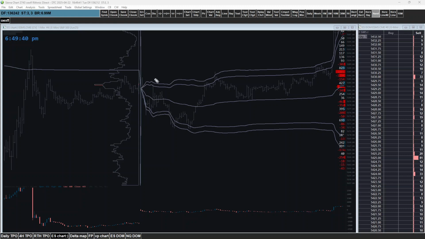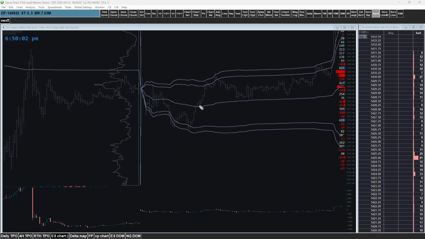This is how you can play off of these levels. When we tap the lower outer band, we're trading away from it into the top outer band.